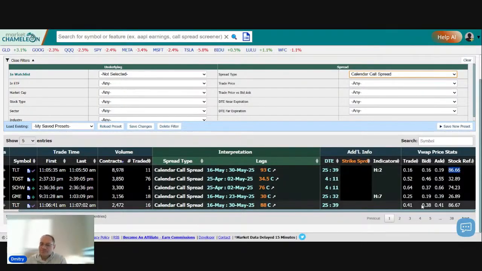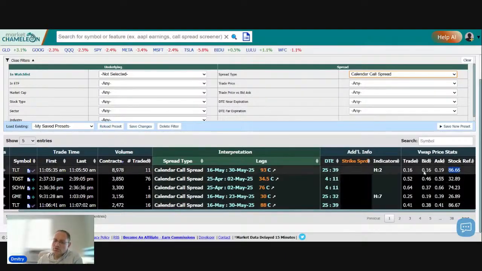So here, a couple insights are that this spread is looking at the 93 call with the stock price at 86.66. So if you're buying this spread, that means you're buying the May 30, selling the May 16th.